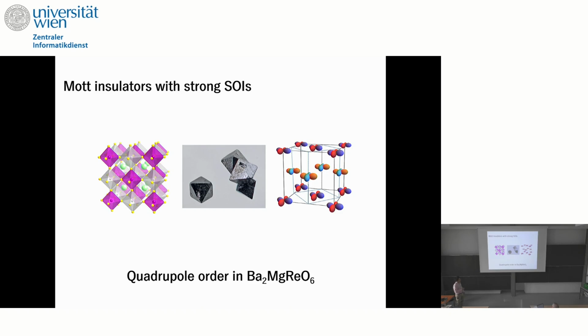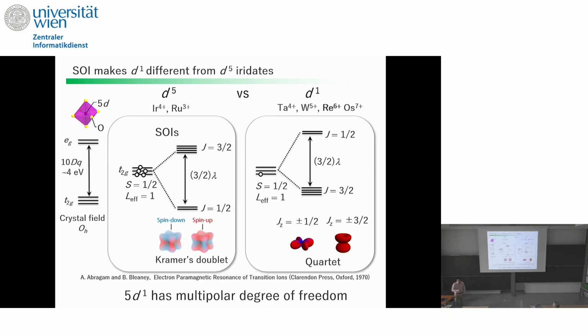So let me start from this particular double perovskite compound. First, let me remind you of the difference between the electronic states for d5 and d1. Both of them have spin 1/2 and effective orbital angular momentum of 1, but d5 is more than half filled and d1 is less than half filled. That entangles spin and orbital moment differently.